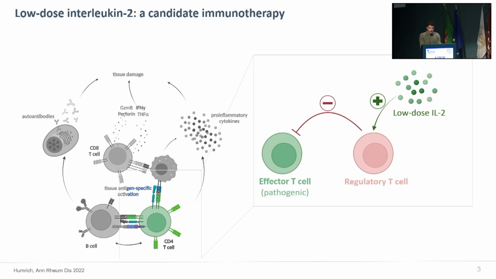And that's because low-dose IL-2 has this interesting feature, which is that it's able to selectively make regulatory T cells proliferate and activate without having too much of an impact on effector T cells. And a recent clinical study actually showed that this is beneficial in SLE and that patients respond to the treatment.